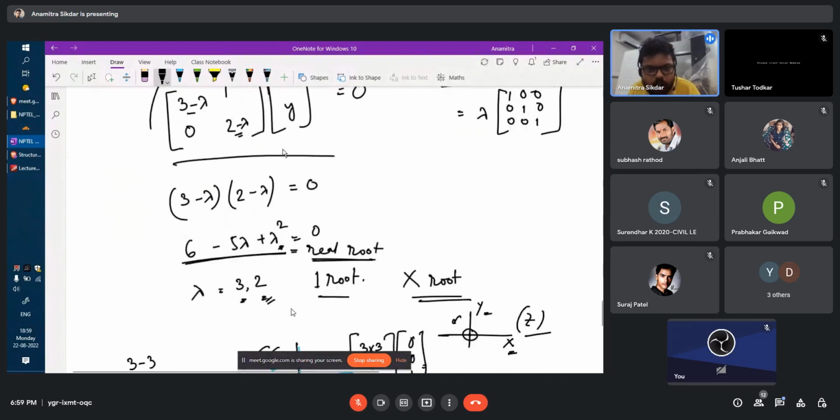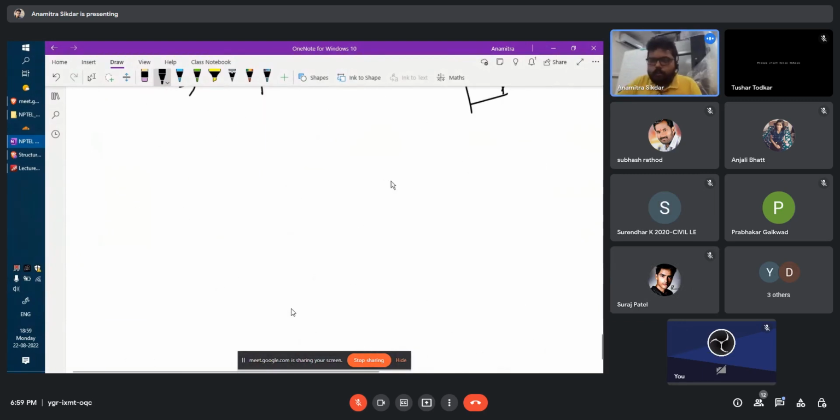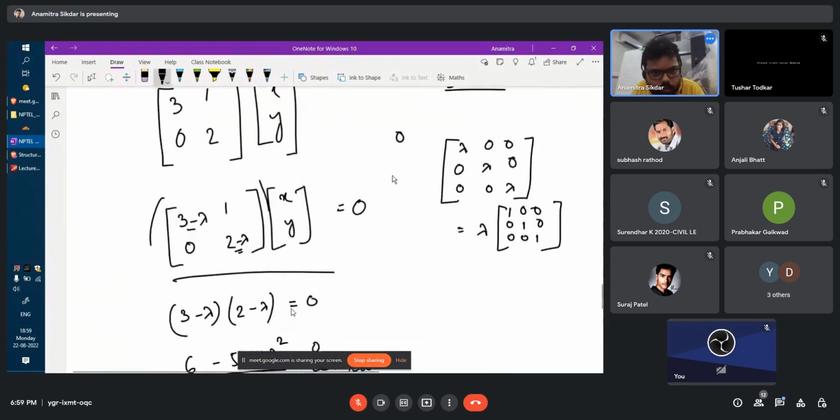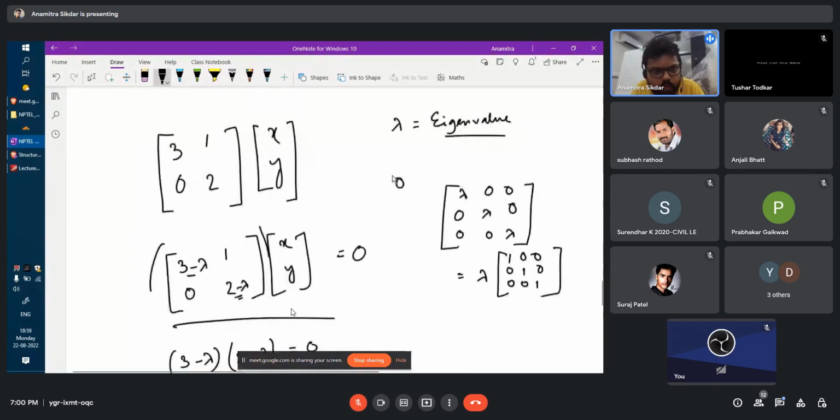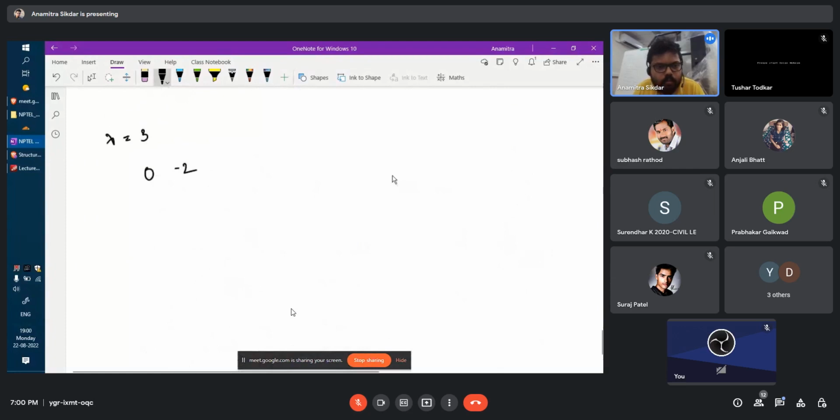So where was I? Yeah, so now if we consider lambda equal to 3, the matrix becomes 0 minus 2, no, not minus 2, 1, again 0 and minus 1.